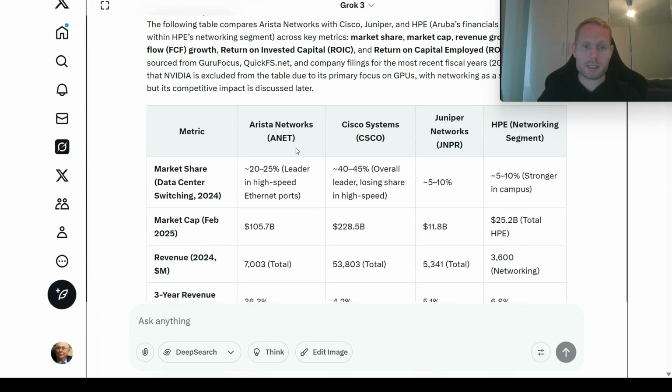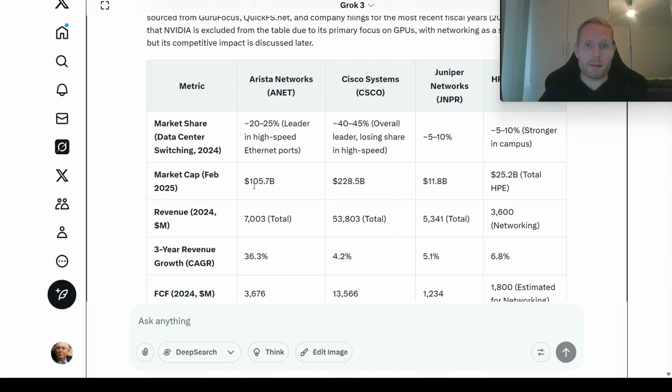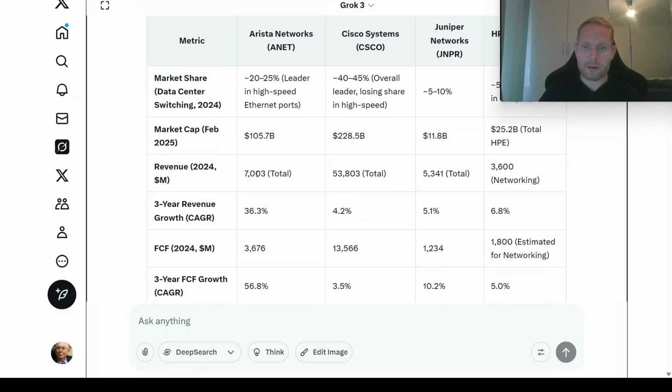Arista Networks is the market leader in high-speed Ethernet ports, with 20 to 25% market share. Cisco has 40 to 45% overall and is the leader, but is losing share in high speed, with Juniper and HPE being smaller at 5 to 10% each. We can see the comparison in market cap here. We can see the comparison in revenue and the growth rates.